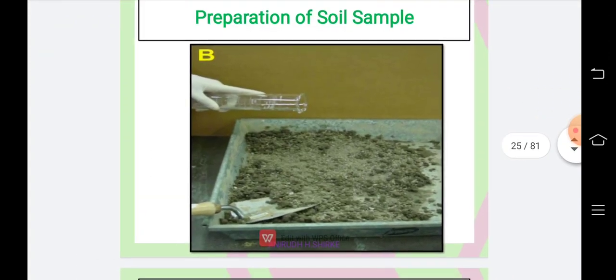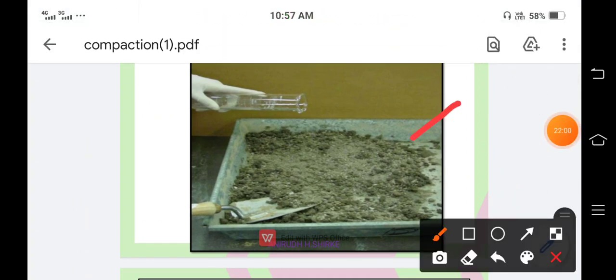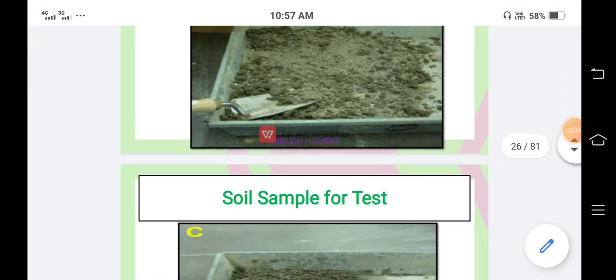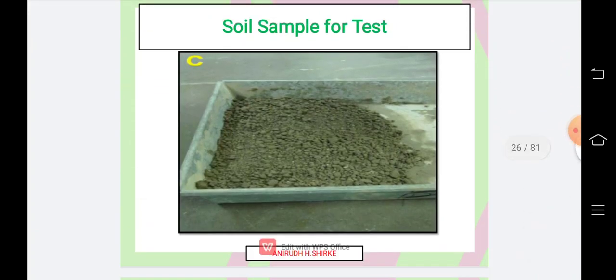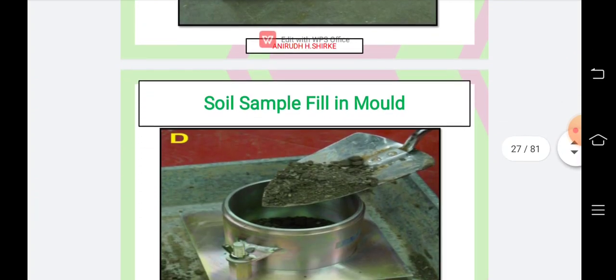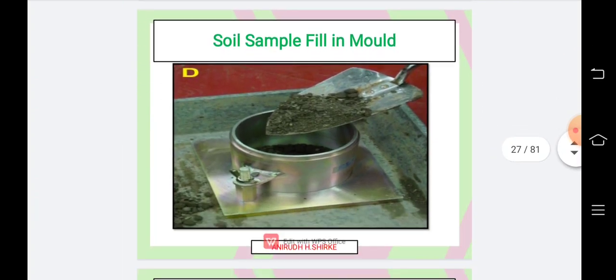So, the procedure by figure. First of all, preparing the soil sample. Initially we take 16 kg of soil sample, add some quantity of water, and keep this soil sample for 20 hours. Then fill this soil sample into the mold.